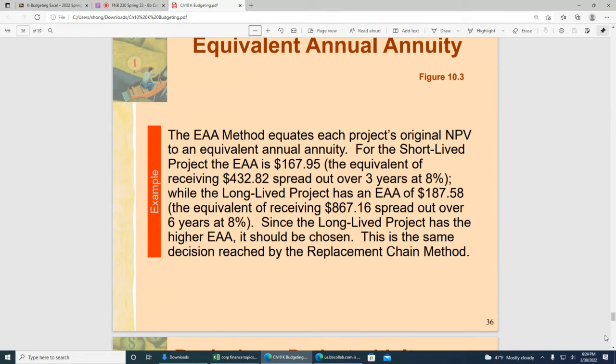Usually when interest rate is high, the lump sum is better. When interest rate is low, annuity would be better, right? Because of how much it is discounted, right?